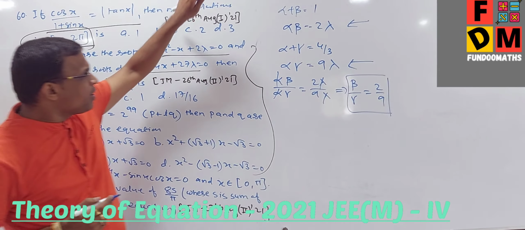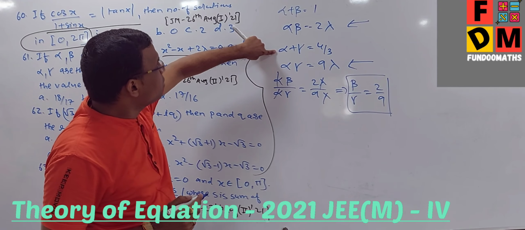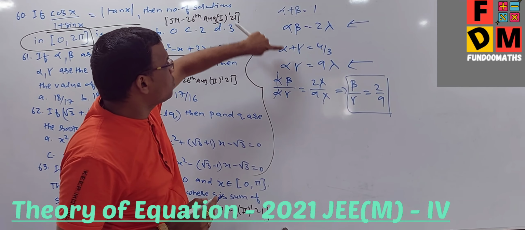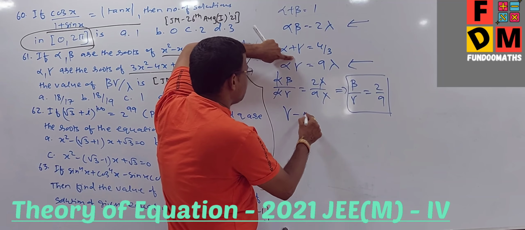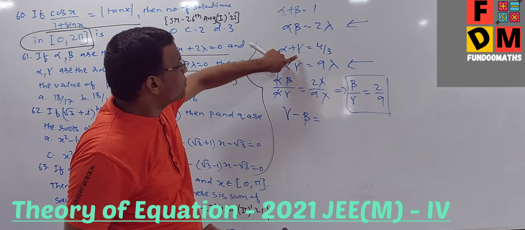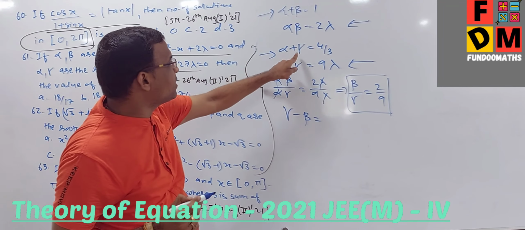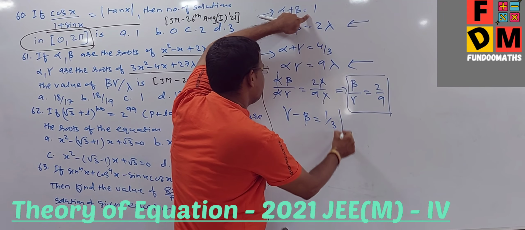Now I have used these two, so I am left with this and this. I can subtract: alpha plus gamma minus alpha plus beta is gamma minus beta. Alpha minus alpha gets cancelled, gamma minus beta, and 4 by 3 minus 1 is 1 by 3.